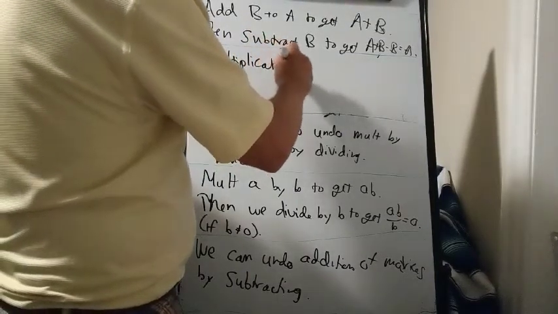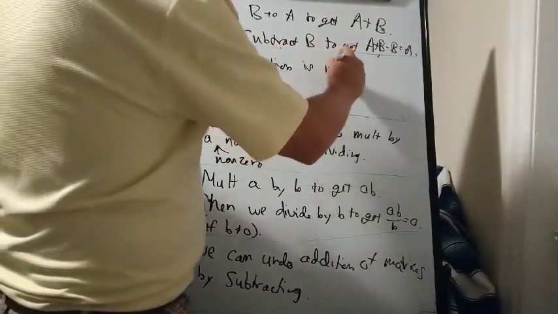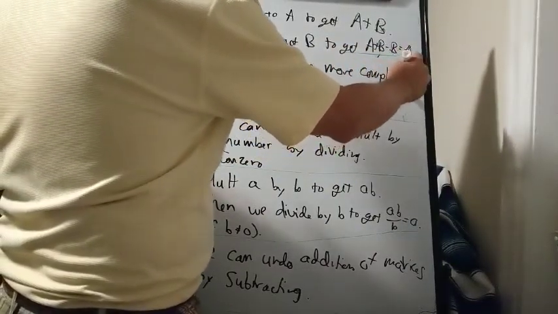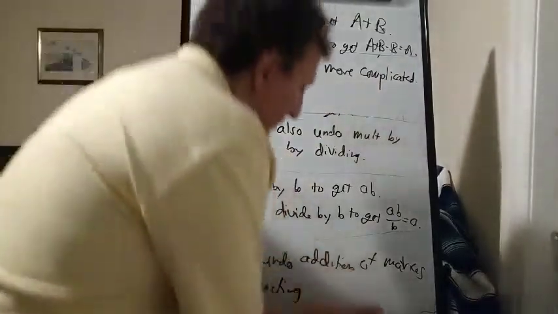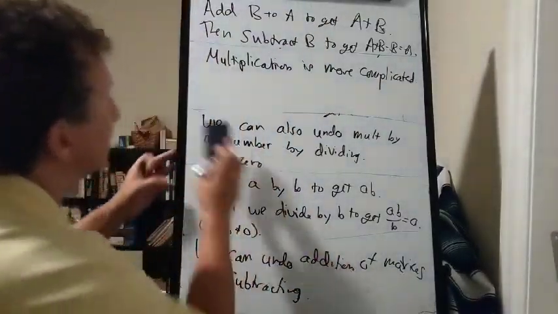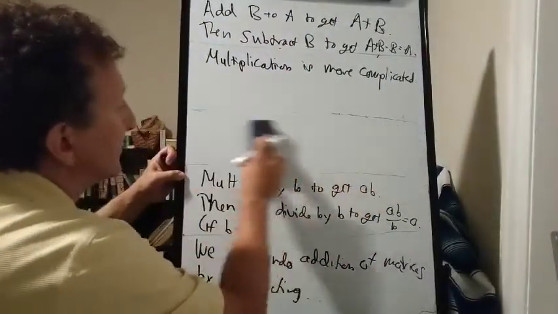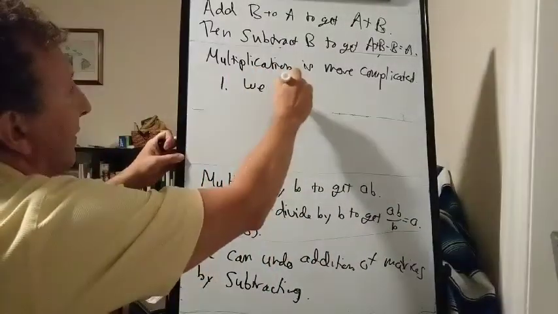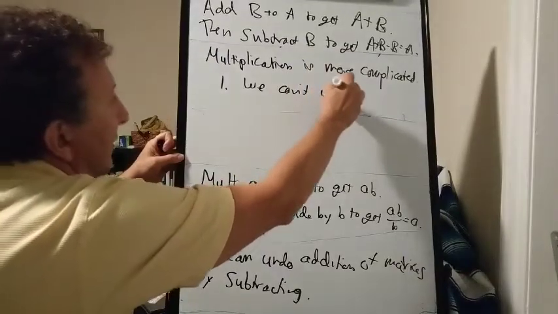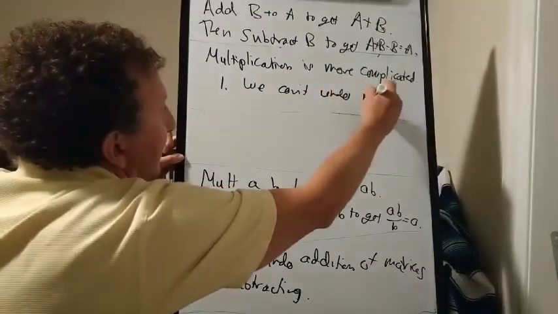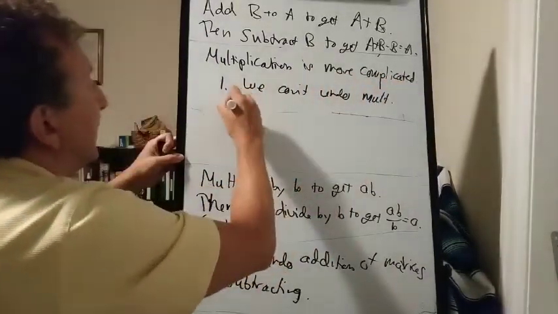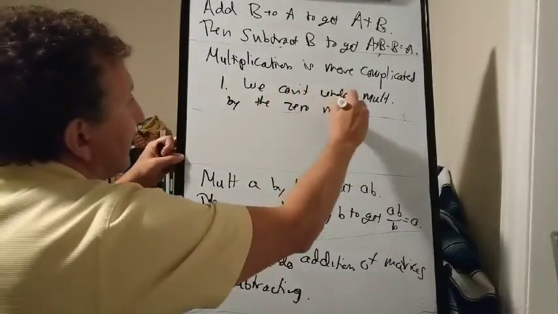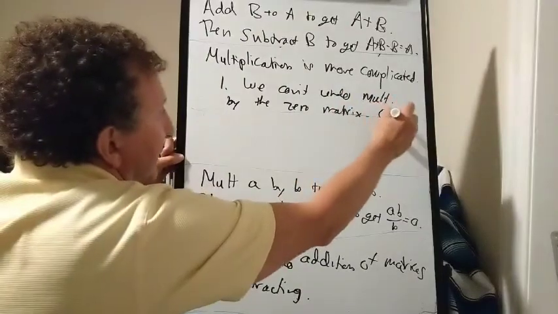Multiplication is more complicated. First of all, we can't undo multiplication by the zero matrix, which sometimes we write as a big zero.